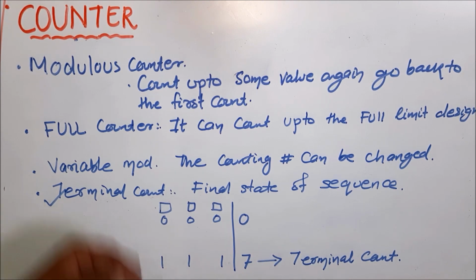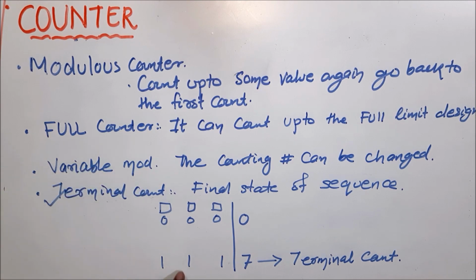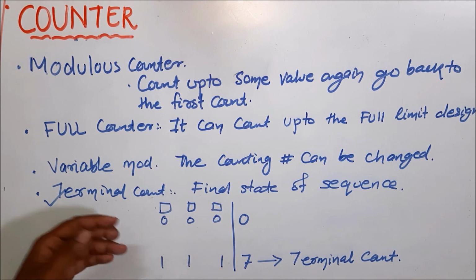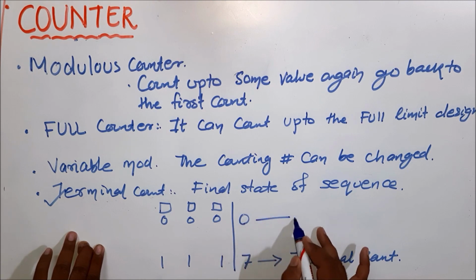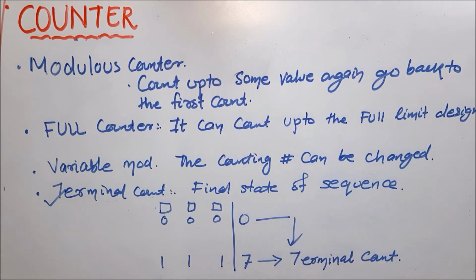If I design a down counter which can count from 111 to 0, 0, 0, and 0, 0, 0 is the final value for the down counter, in that case 0, 0, 0 can also be called the terminal count. That means the extreme or final state of a sequence is called terminal count.